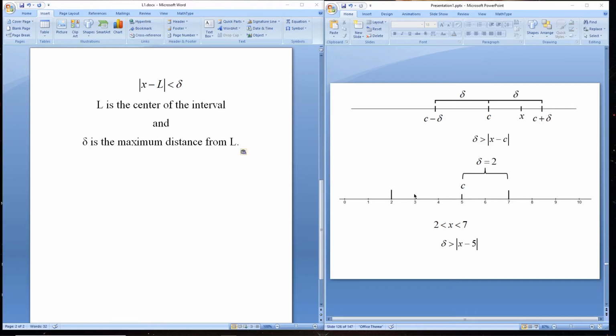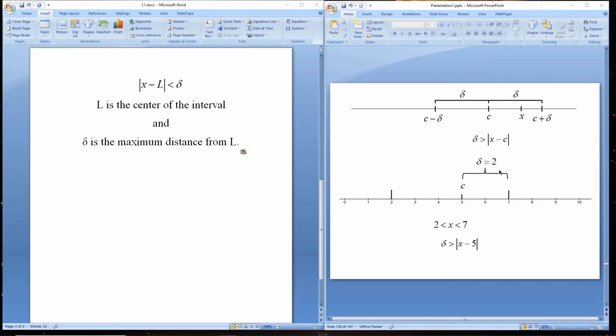But if we chose a delta of 3, then on the right side, that would allow us to go to 8. And 8 would be outside the interval. So delta is always going to be the shortest distance from the center.